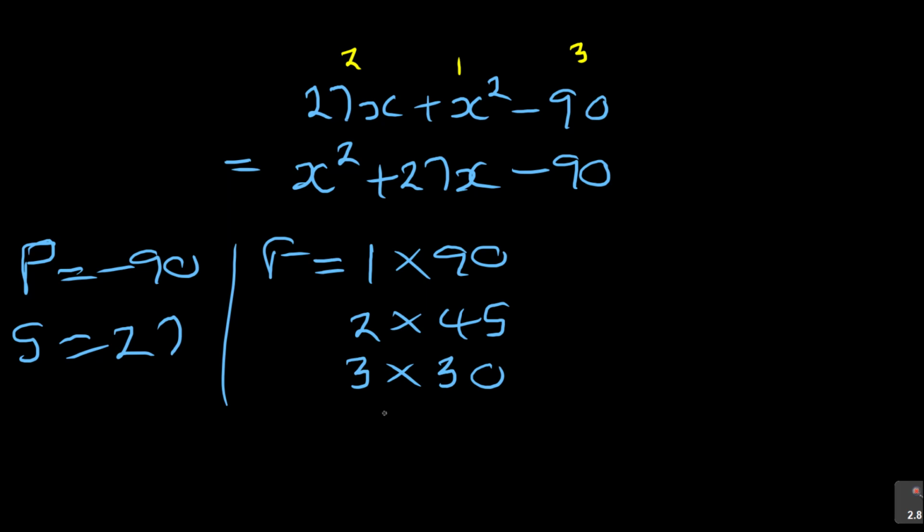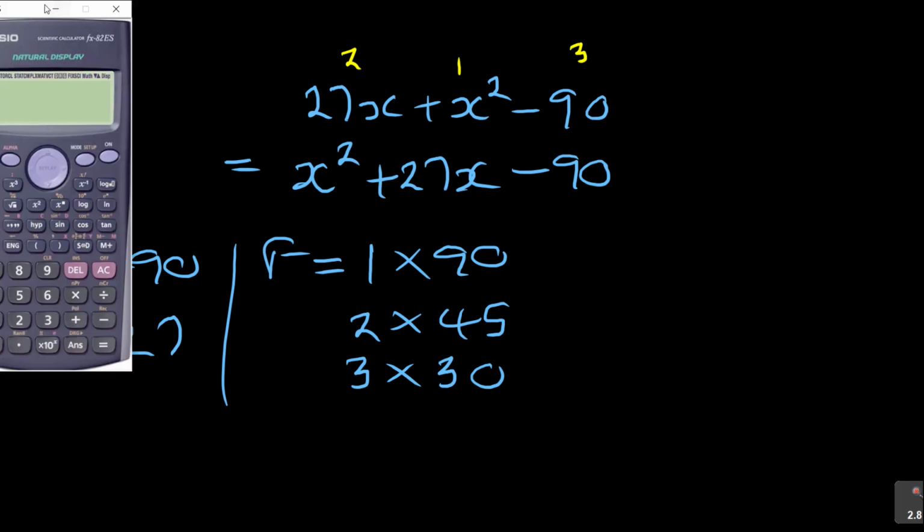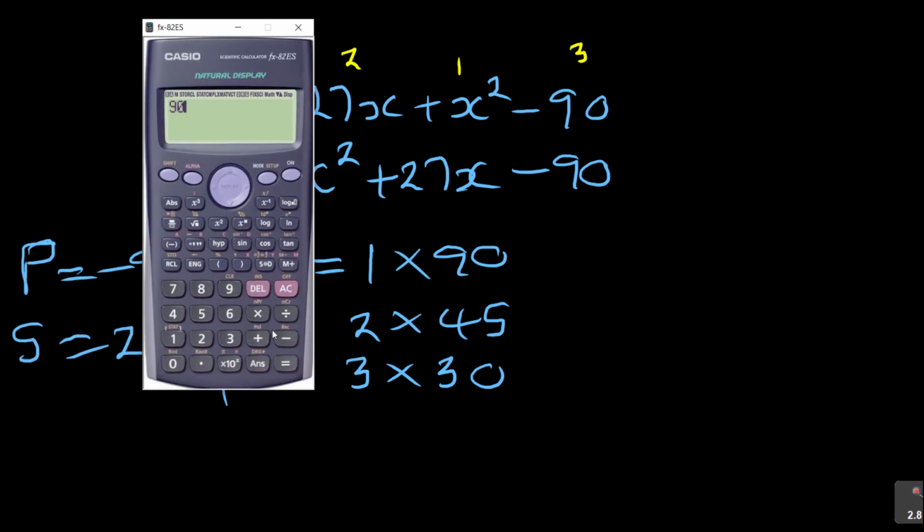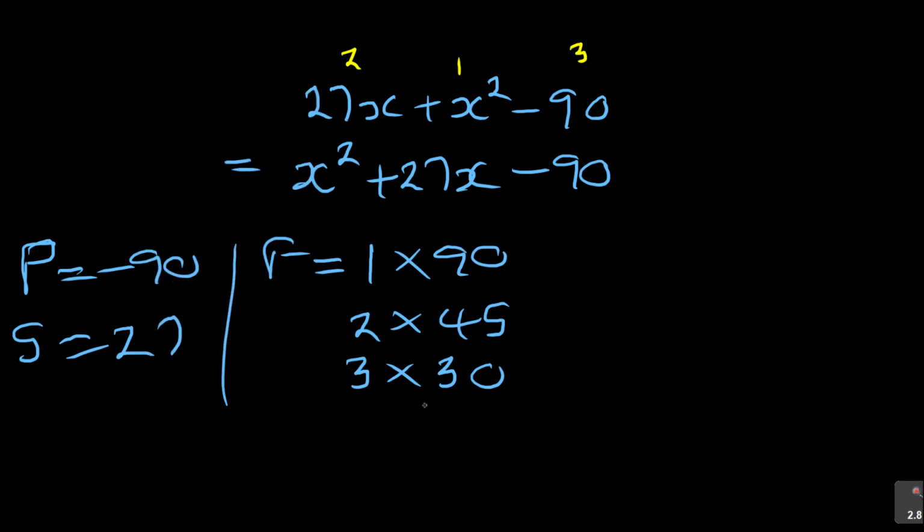Divide 4 into 90. Let me see what it gives me. But I already have the answer. If you are working with me and you've been doing this, you can actually see the answer, right? The factors. Let's say 90 divided by 4. See, it's not a factor. 90 divided by 5 is 18. 5 times 18.